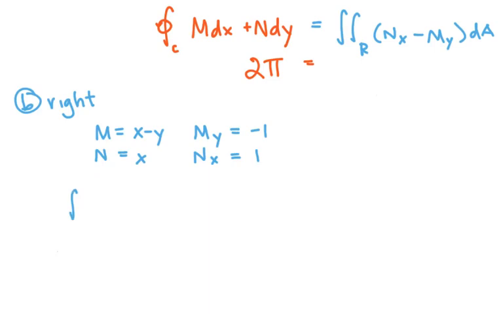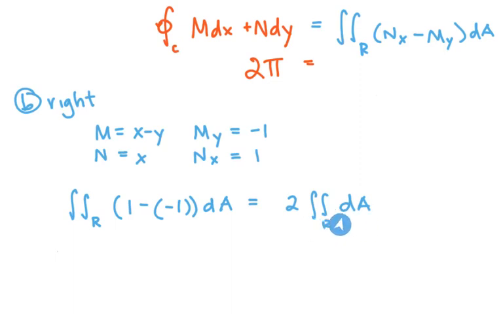So if we set this up, my double integral over my unit circle region is going to be N sub x, 1, minus M sub y, -1, dA, or 2 times the double integral over that region, dA.